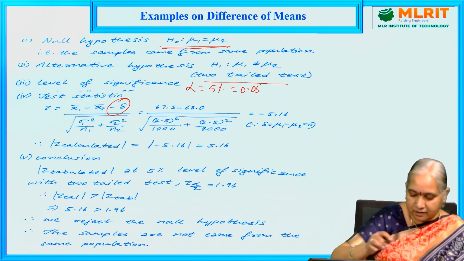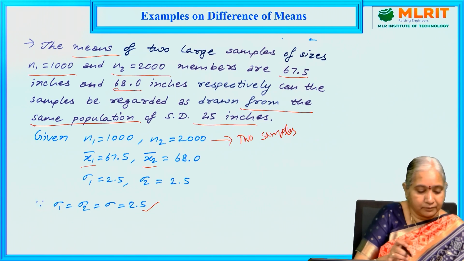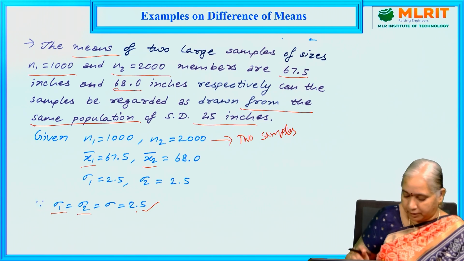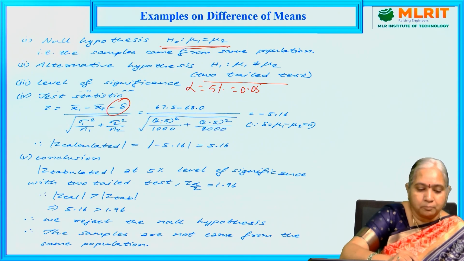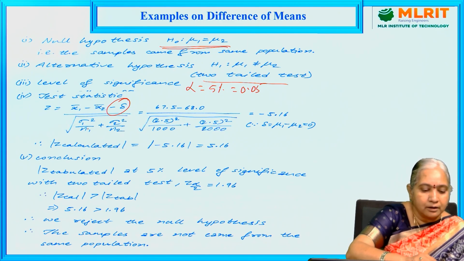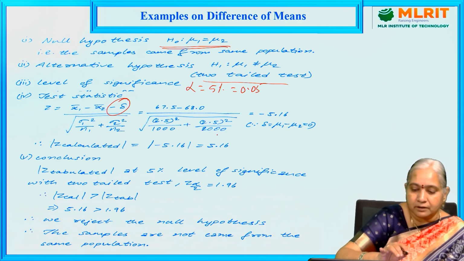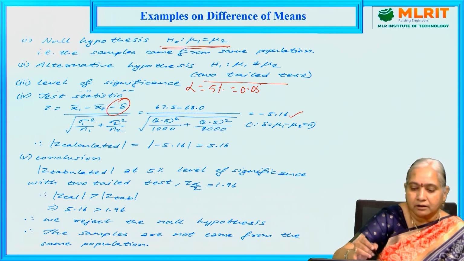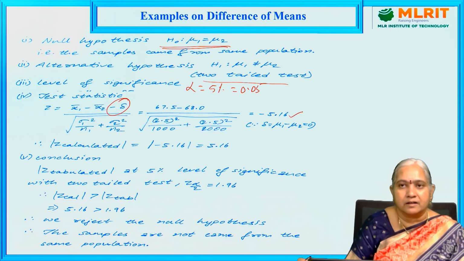Sigma 1 square and sigma 2 square are equal, sigma 1 equal to sigma 2 equal to 2.5. So 2.5 whole square plus 2.5 whole square, divided by the size of the first sample, 1000, and the second sample, 2000. Now the calculated value is minus 5.16.